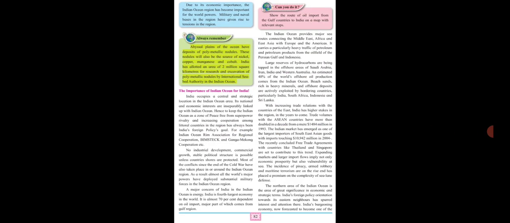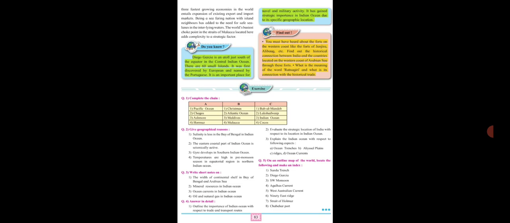Being a seafaring nation with island neighbors, if you look at our country, we have a lot of island neighbors, which I have also told you and shown you, has added to the need for safe sea lanes in their interlying waters.